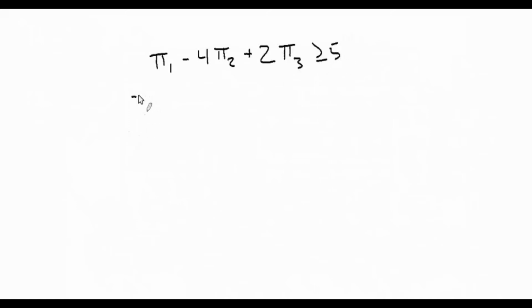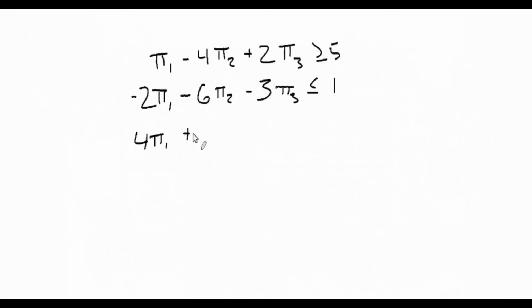The next one is minus 2 pi 1 minus 6 pi 2 minus 3 pi 3 is less than or equal to 1. And then we have 4 pi 1 plus 5 pi 2 plus 3 pi 3 is greater than or equal to 3.